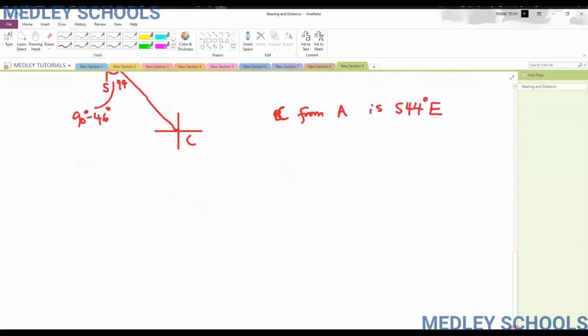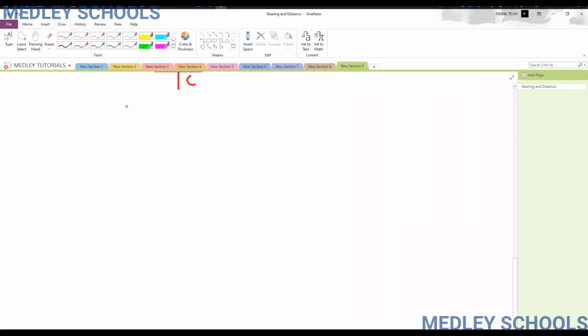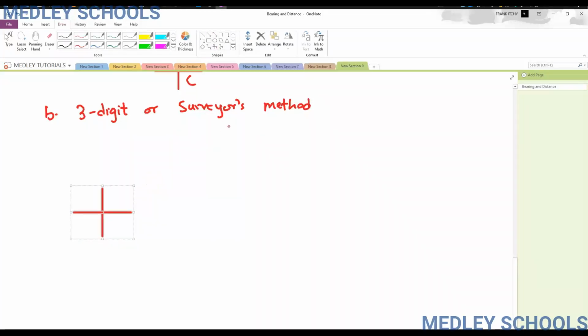Now the second method is the 3 digits or surveyor's method. This method is reported in 3 digits. Just like the question we have above, let's assume this is point A and point B, and this is located, and I have this place to be 56 degrees, just like what I have above.